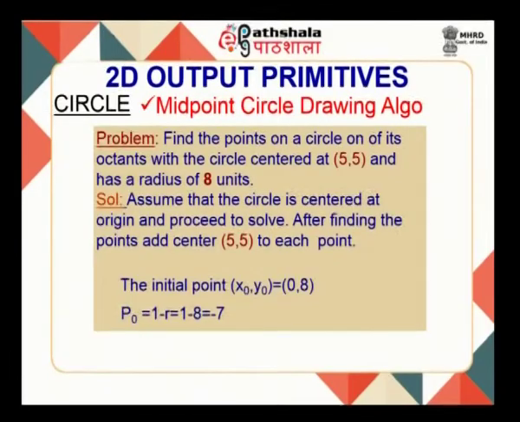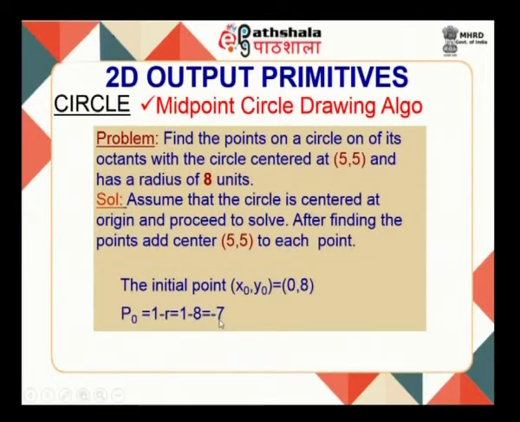That means using origin you compute the points and then add to every point the (5, 5), because that is the actual center of the circle. So, to start with, first compute p_0. p_0 is 1 minus r, r is 8.